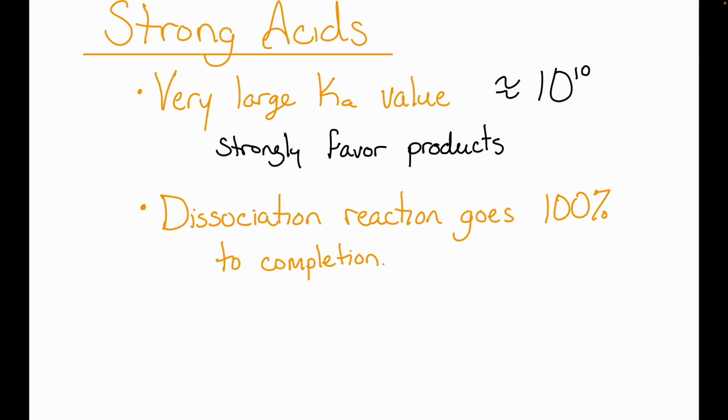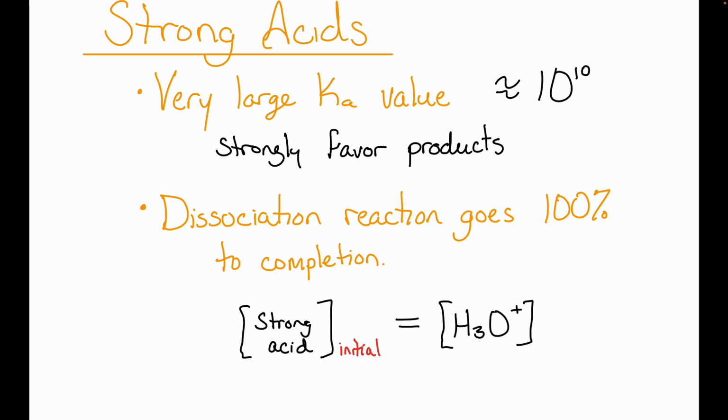Because it means whatever the concentration of strong acid that we start out with initially, as soon as we put it in water and it reacts in this acid dissociation reaction, 100% of it gets converted into hydronium ions, which means that whatever amount we started with, that's going to be our concentration of hydronium at equilibrium.